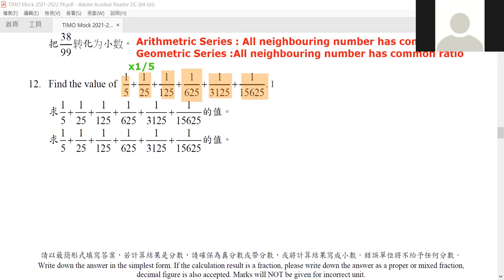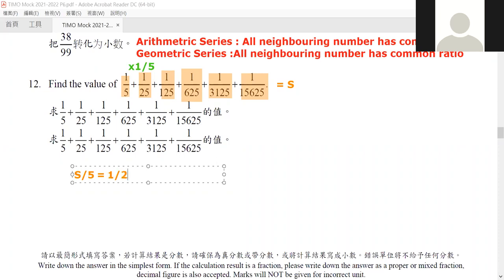Now, in order to calculate the geometric series, let's call the sum S. Let us find out what happens if the sum is multiplied by the common ratio.